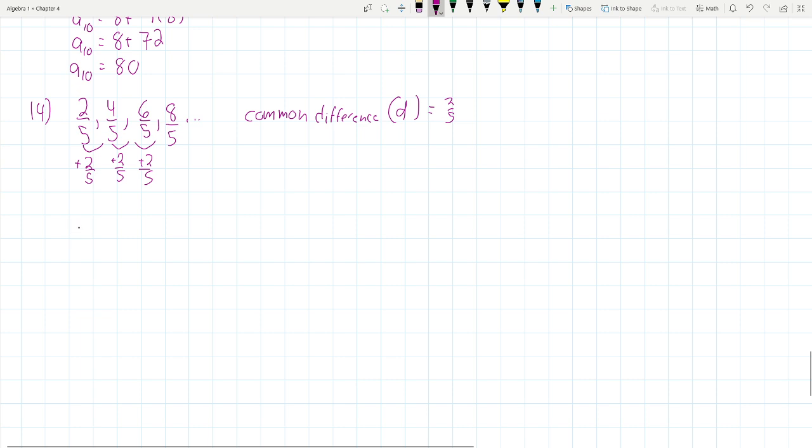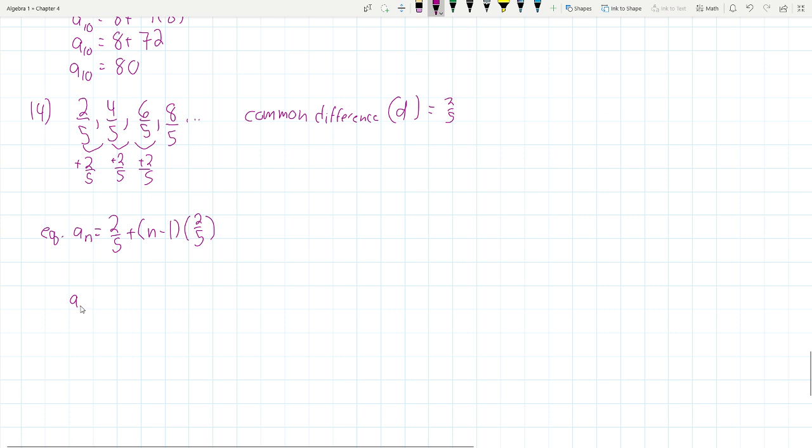So writing this out, I go a sub n, because I'm keeping this in the general to start with, equals 2 over 5 plus n minus 1 times 2 over 5. That's my equation.